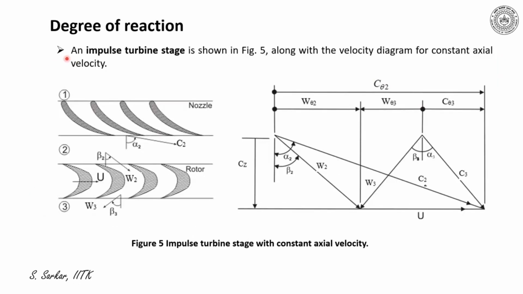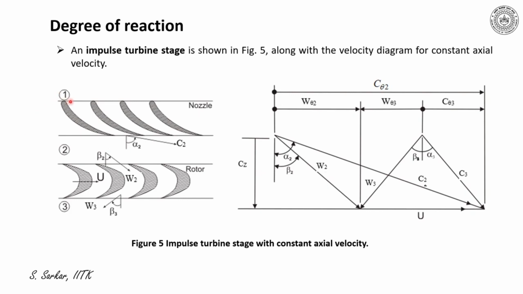Following the definition of an impulse stage, I have presented here the velocity triangle. If we take a circumferential section and stretch it on a paper, I would get the velocity profile of an impulse turbine stage. Here I have indicated the nozzle followed by the rotor. Please note the rotor construction. It is a very symmetrical blade.